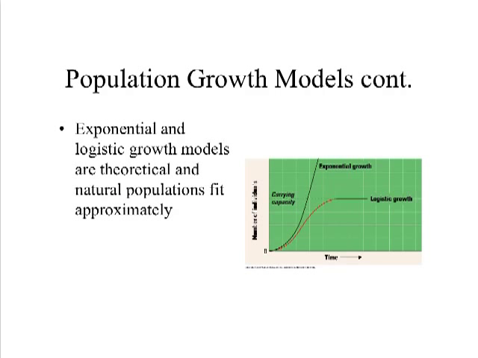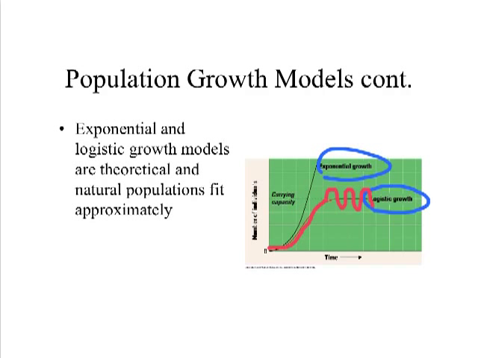Now, these two models that we've been talking about, the exponential growth versus the logistic growth, are obviously theoretical. Not every population is going to fit them exactly. So we use them as approximations of population growth. Because like I said, once a population under logistic growth has hit the carrying capacity, it's going to go up and down and up and down and up and down.